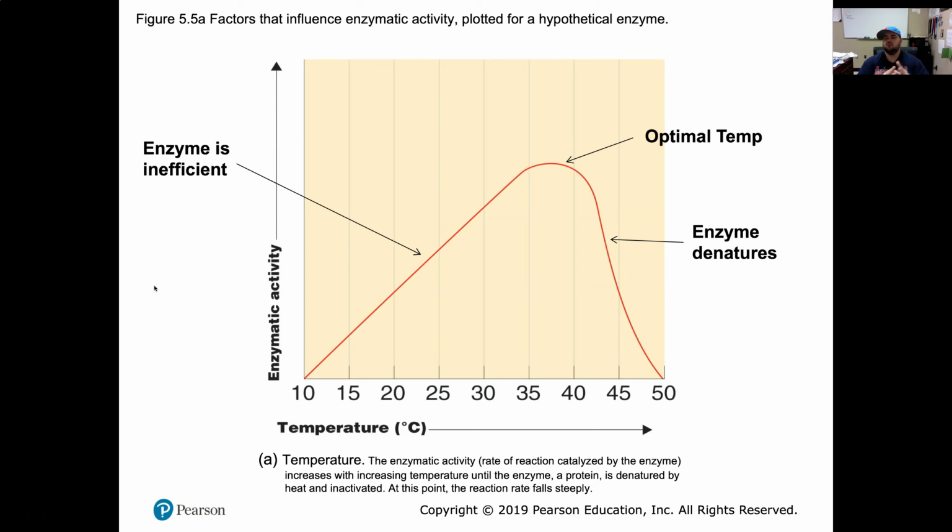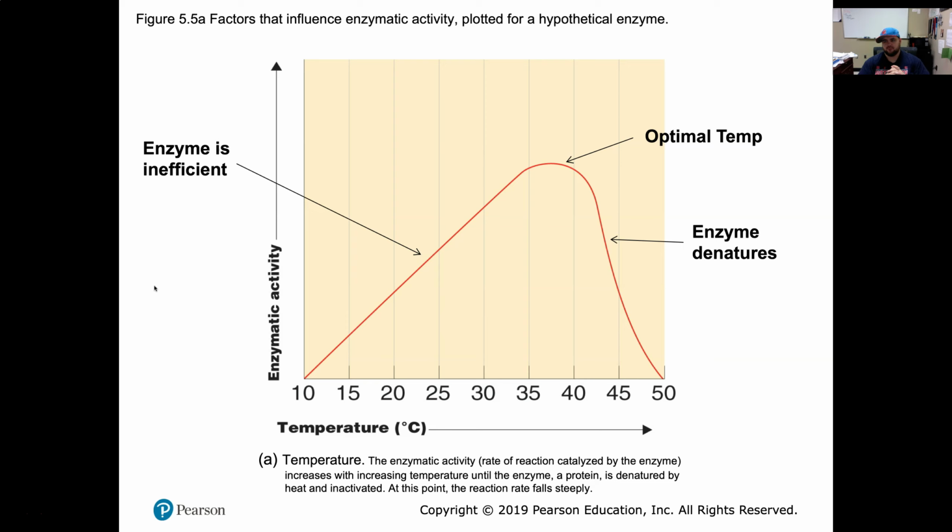So hopefully you recall earlier I mentioned something called activation energy, right? It's the X amount of energy required to start a reaction. I used an example of a campfire with matches and then matches with gasoline. The activation energy, again, is the amount of energy needed to start a reaction.